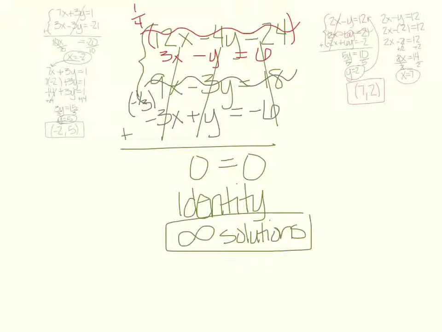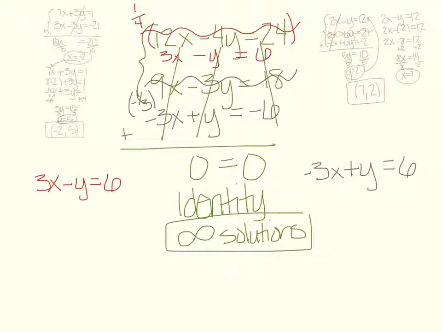We know, let's look at the red one. We know that we had this reduced down to 3x minus y equals 6. And if we look at the tan equation, we had a negative 3x plus y equals 6. Let's put these both into y equals mx plus b and see if we really do have the same line.